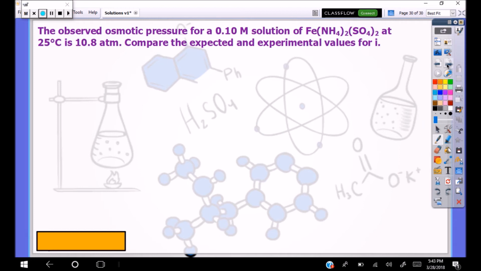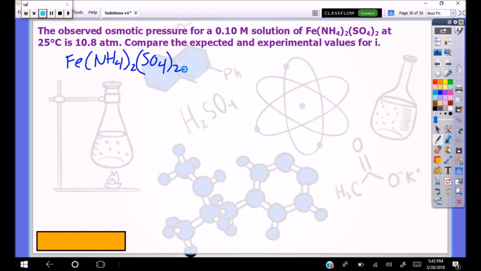Okay, so our last problem says the observed osmotic pressure for a 0.10 molar solution of this lovely iron ammonium sulfate complex at 25 degrees is 10.8 atmospheres. Compare the expected and experimental values for i. First I need to figure out how many ions this thing splits up into.